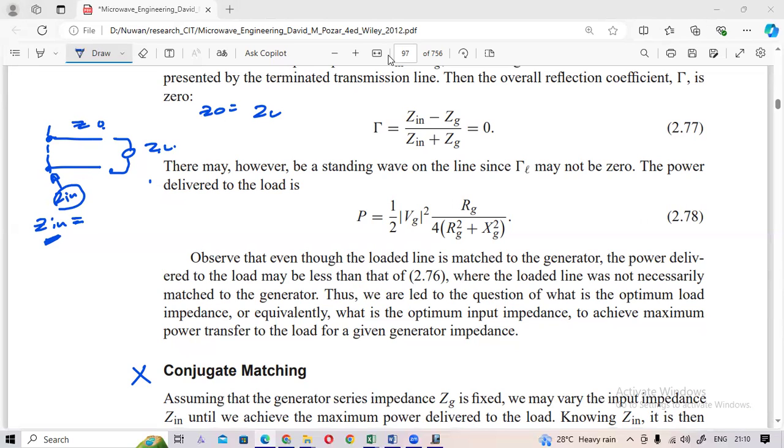It is not zero. Just check, very simple. Z naught is equal to ZL. If Z naught is equal to ZL, what is Z in?